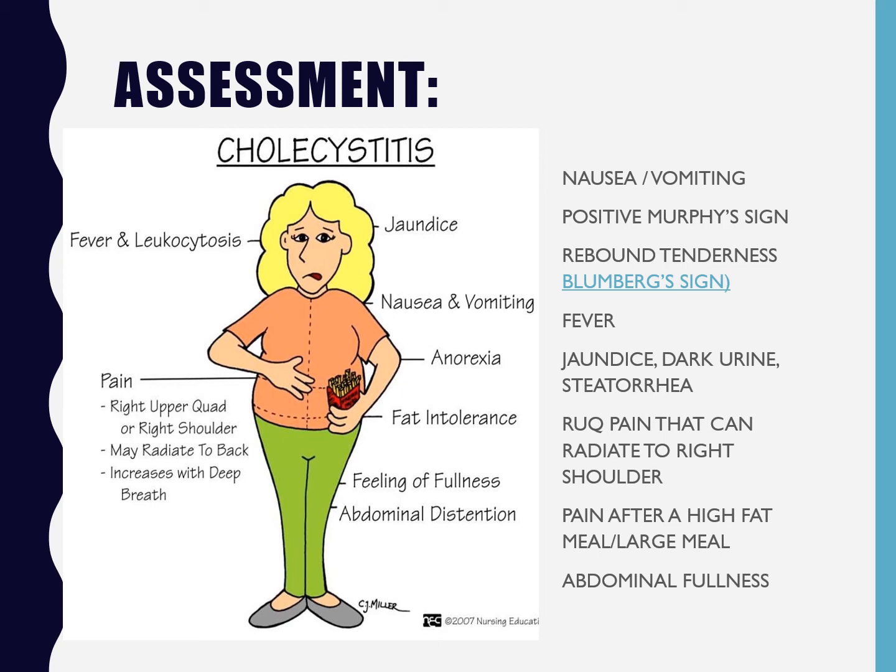Okay, so who can show me where your gallbladder pain may exactly be if you have cholecystitis? The classic sign of cholecystitis is right upper quadrant pain, and it's actually going to radiate to the right shoulder or to the right scapular blade there.